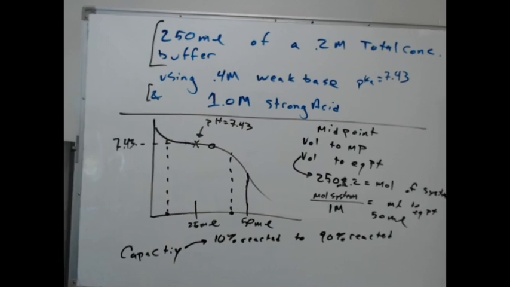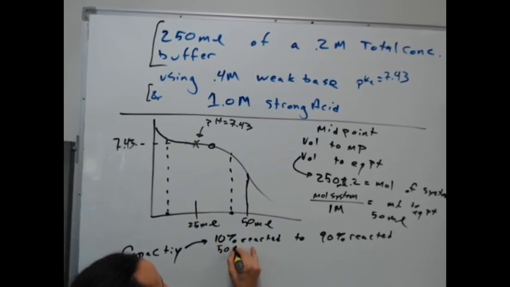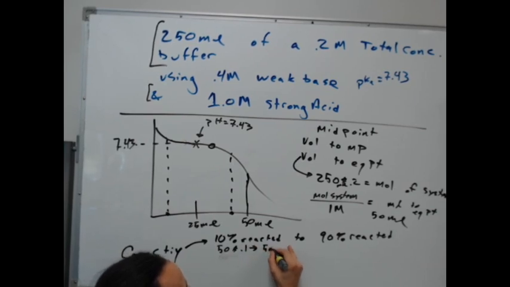Now, that's not exactly the right answer, but it gives us, again, a good ballpark to think about what we're doing. So if I think of 50 milliliters as all reacted, 5 milliliters would be my 10% reacted. Let's actually do the math. I'm going to do 50 times 0.1 goes to 5 milliliters, would be my 10% reacted.